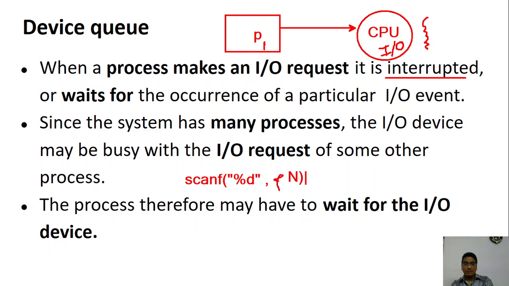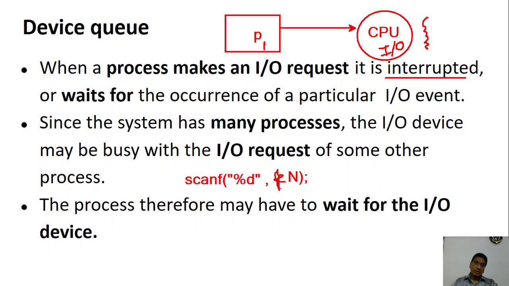Then what will happen? The program will stop for the n value to be entered. So the program will wait, and when the program waits, your CPU is also waiting for an input.